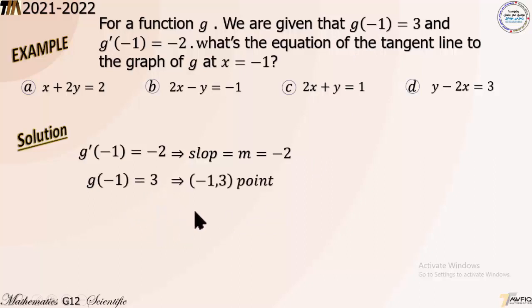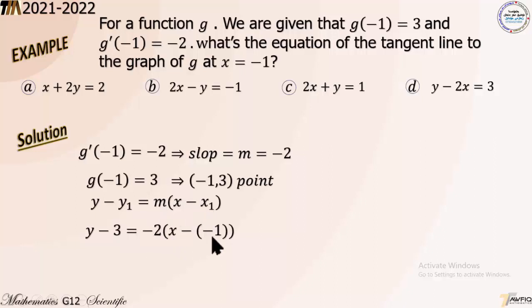Therefore, we have a point here, minus 1, 3, on the tangent line. And now we can use the point-slope form for finding the equation of a line. y minus y1 is equal m times x minus x1, where y1 is 3 and the slope is minus 2, x1 is minus 1. Simplify this equation, then 2x plus y is equal 1, which means C is a correct answer.